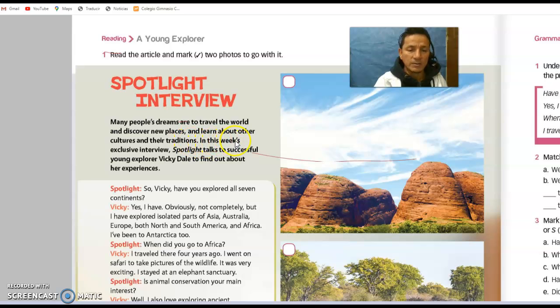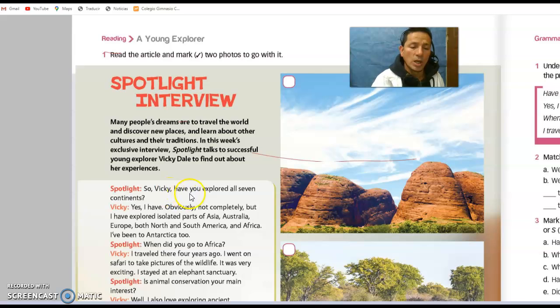In this weekend's exclusive interview, Spotlight talks to successful John explorer Vicky Dale to find out about her experiences.